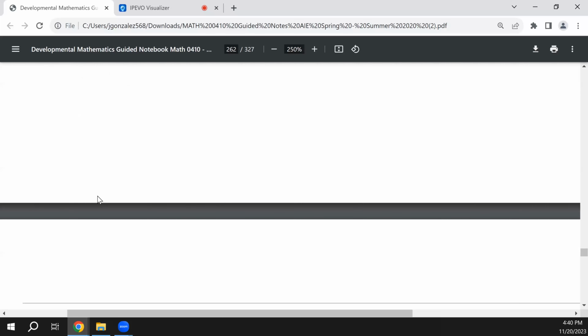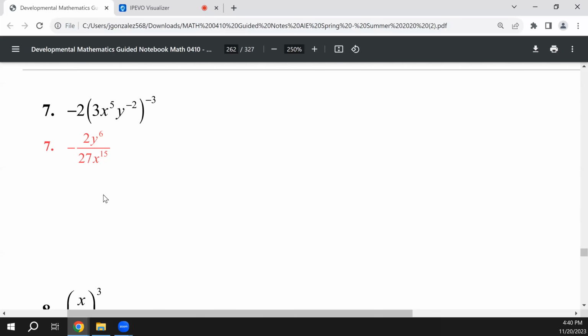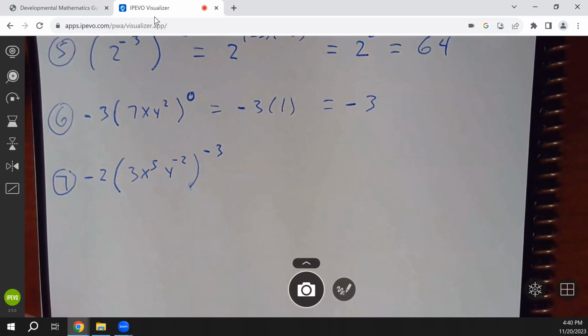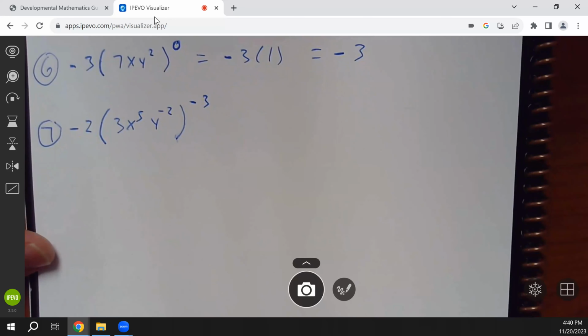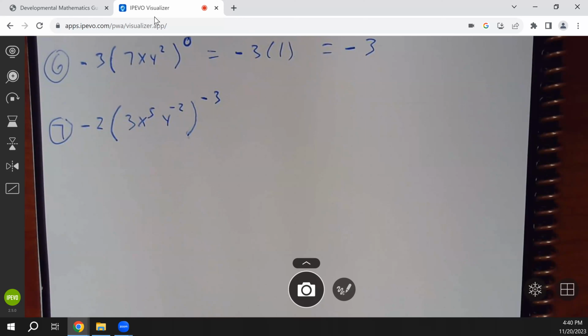Number 7, with 3x to the fifth, raised to the negative 3. All right, so what does the rule say when you have a bunch of products?